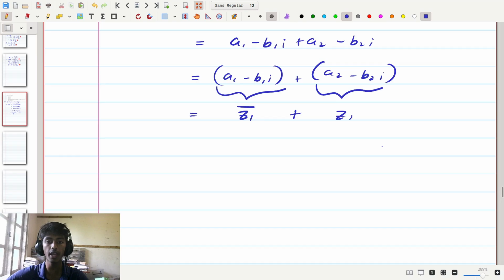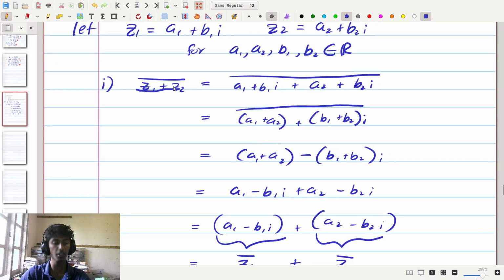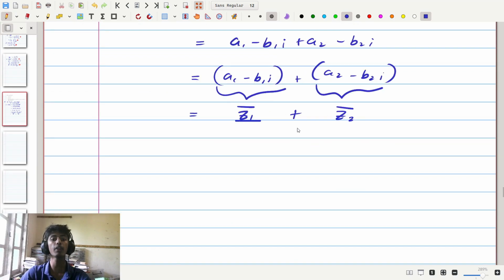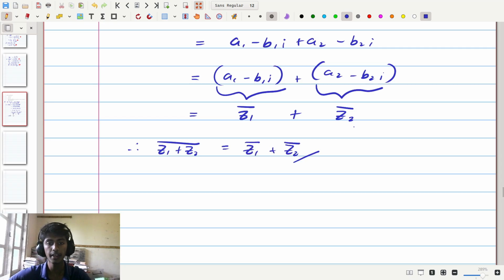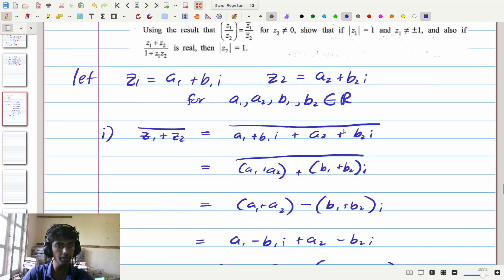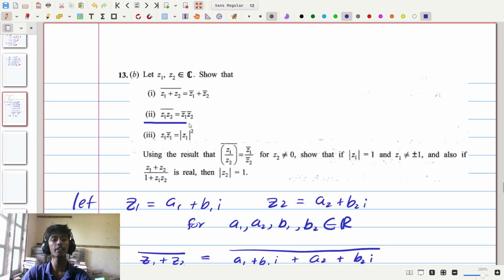According to that, we started with the conjugate of Z1 plus Z2 and ended up with Z1 conjugate plus Z2 conjugate, and therefore the conjugate of Z1 plus Z2 is equal to Z1 conjugate plus Z2 conjugate. Hence proven. Now we're going to do a similar thing for 2 and 3 as well. Considering 2, we have Z1 times Z2 first and then conjugated, and that's equal to Z1 conjugated times Z2 conjugated.